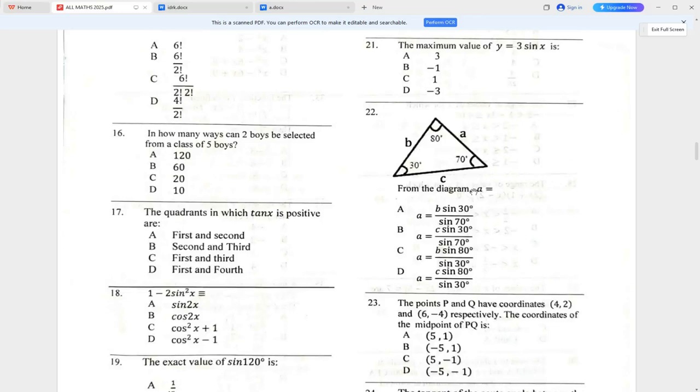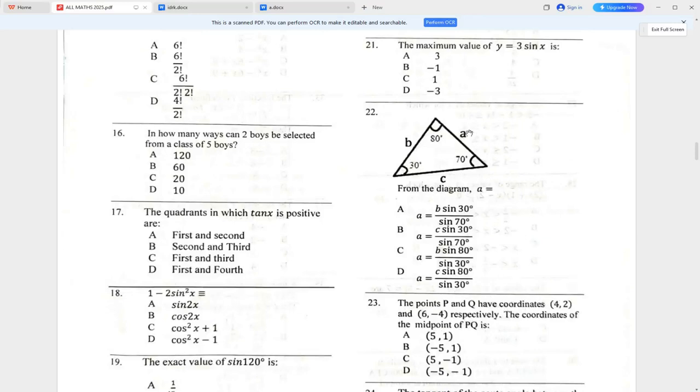Question 22, from the diagram, the side A is equal to, we can solve this using the sine rule, which says a side all over its opposite angle in a triangle is equal to another side all over its opposite angle, which is equal to the third side all over its opposite angle.